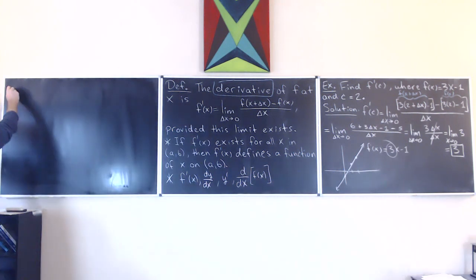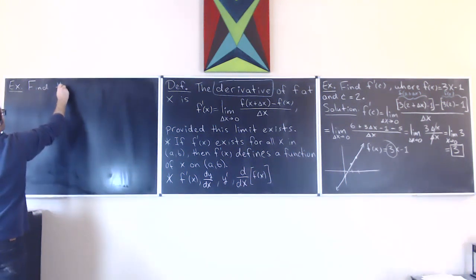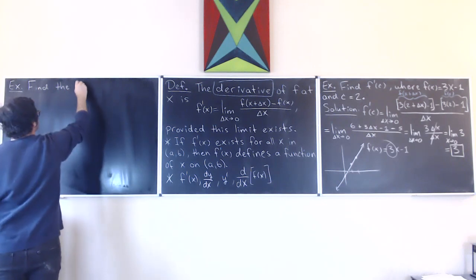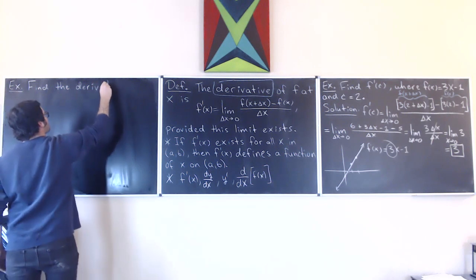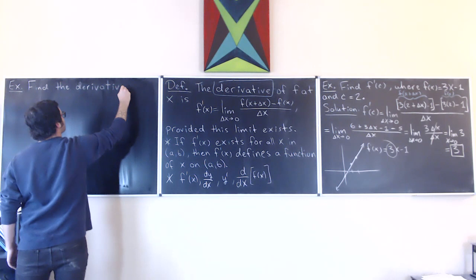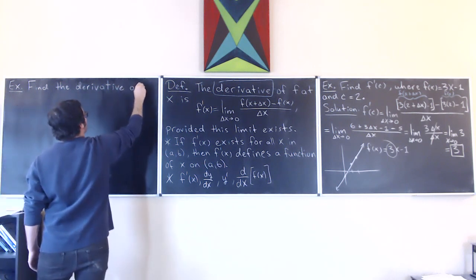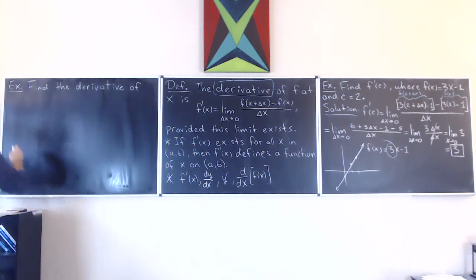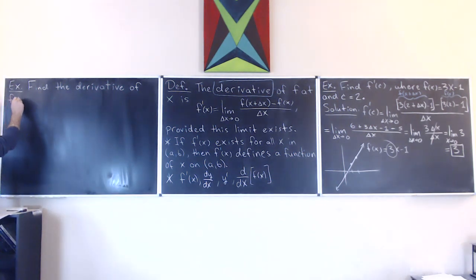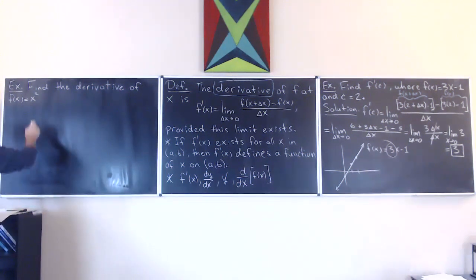So I can say, find the derivative of the function f of x equals x squared.